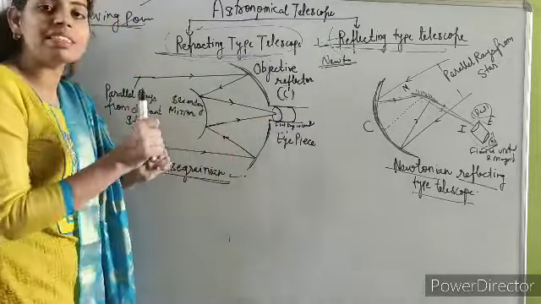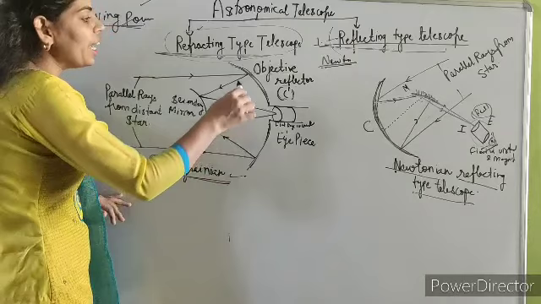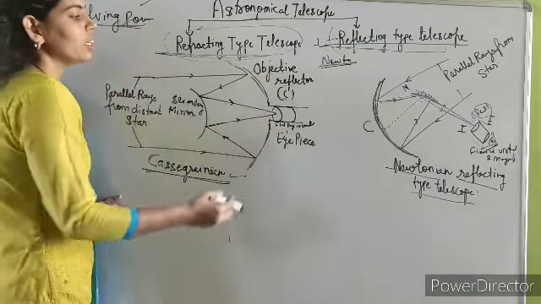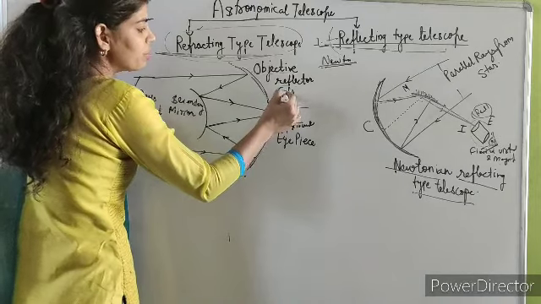So we have replaced the objective lens by a parabolic concave reflector, which we have given the name C.